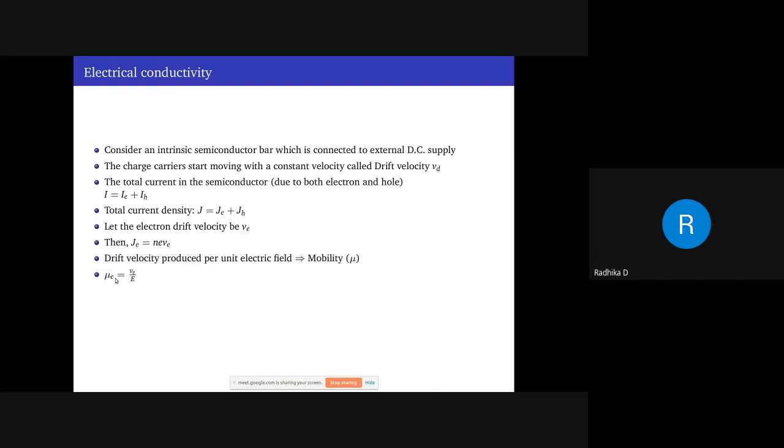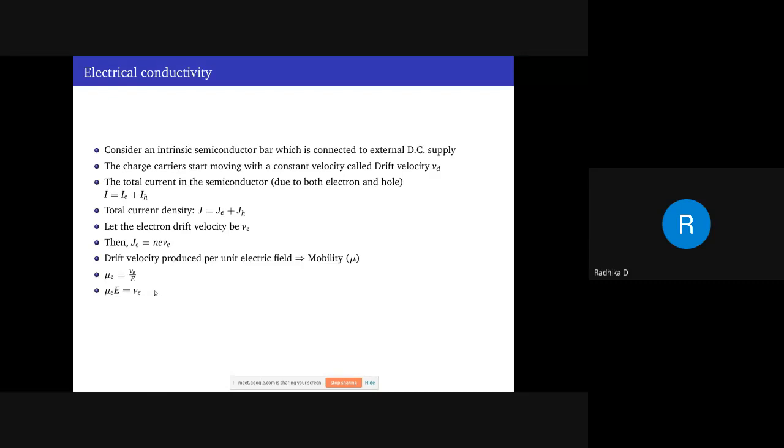So mu E, that is the electron mobility, is the drift velocity of electron VE divided by the electric field. Now, I can rewrite this to get an expression for the drift velocity. So mu E into electric field, mobility into electric field, gives the drift velocity.